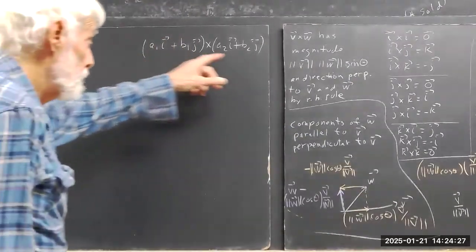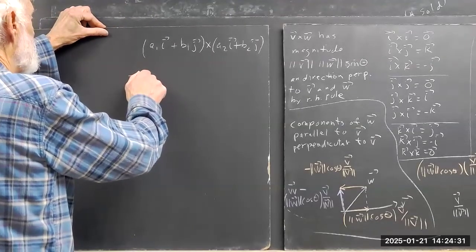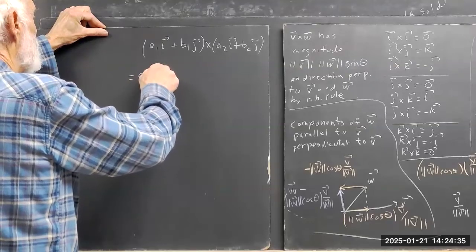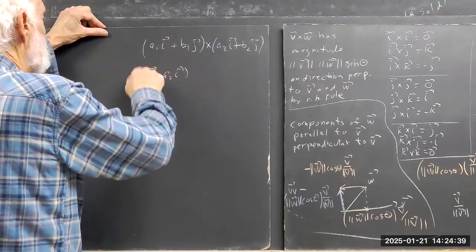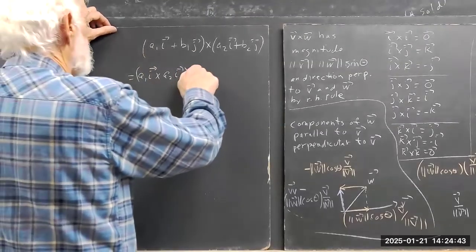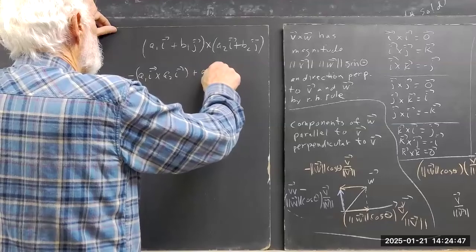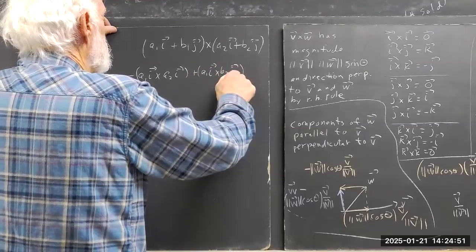So this cross product I can write as A1I cross A2I plus A1I cross B2J.